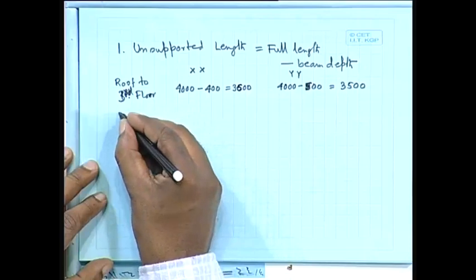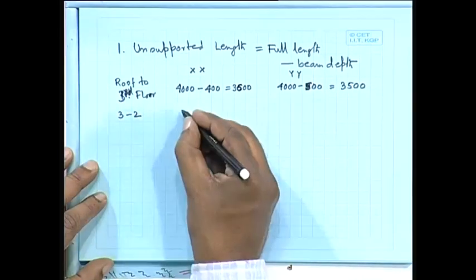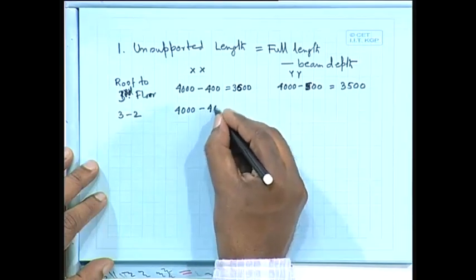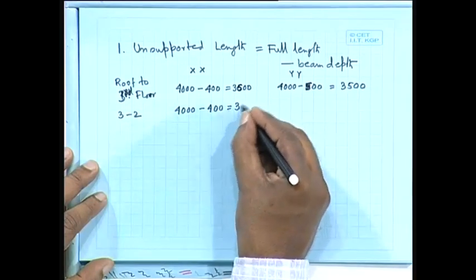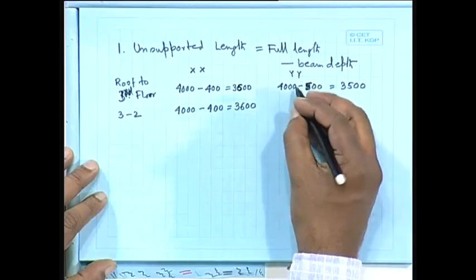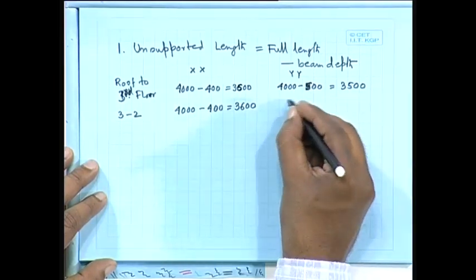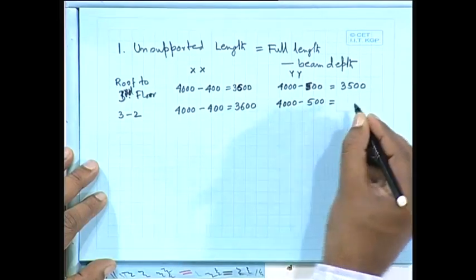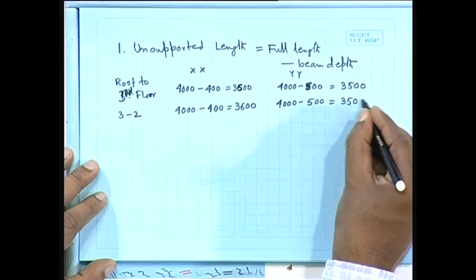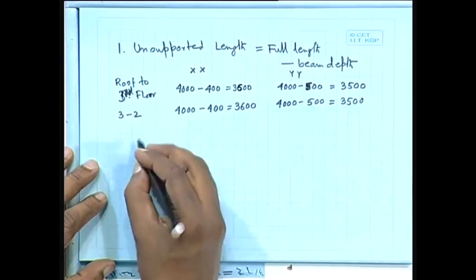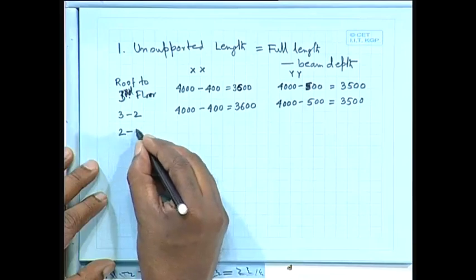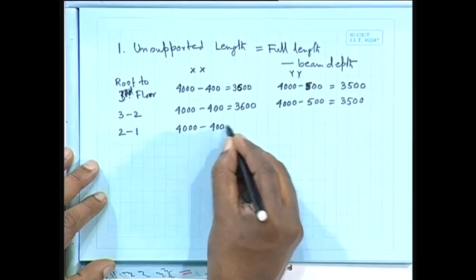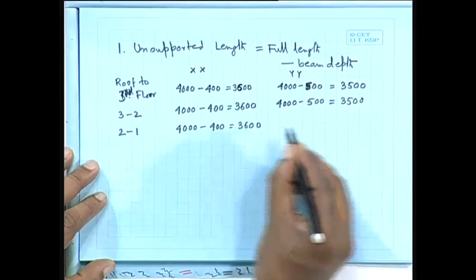Then between third and second the same, 3600 and 3500. Between second and first the same, 3600 and 3500, in millimeter.